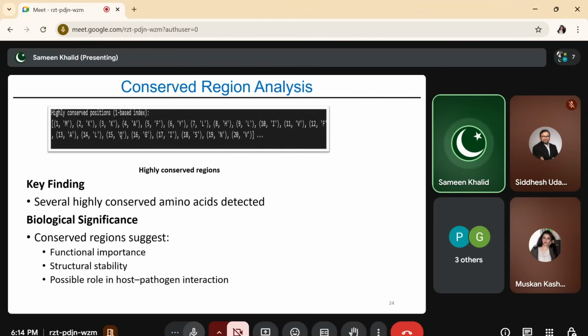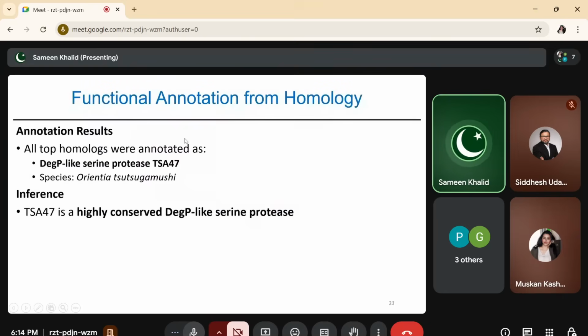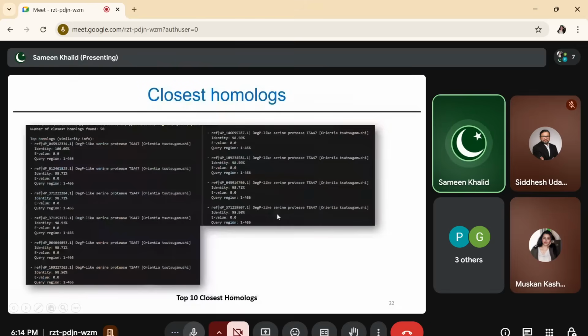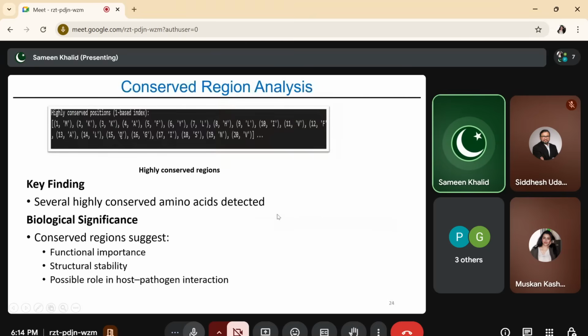So for the conserved region analysis, we also performed, as I've shown, this is how we find the conserved regions using Biopython. So from the conserved regions, we understand that there are several highly conserved amino acids, which actually means that the alignment of these amino acids is conserved among all those homologs that we have found in the closest homolog section.